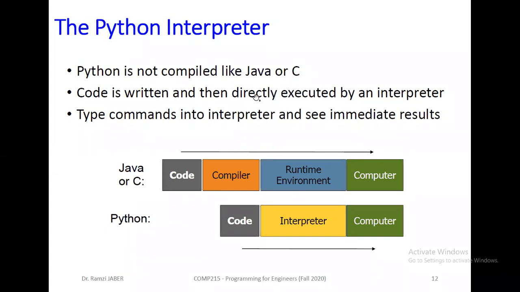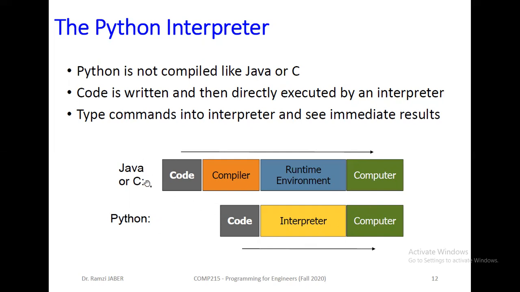Code is written and then directly executed by an interpreter, so you get an immediate result line by line, not like a compiler. When you write code, if you don't have errors, the code will be interpreted line by line and you get your running application on your computer.